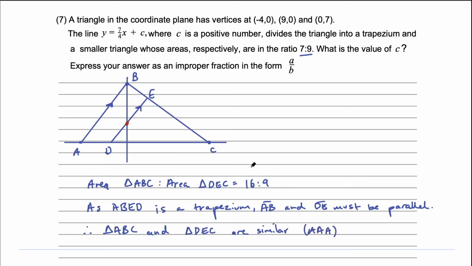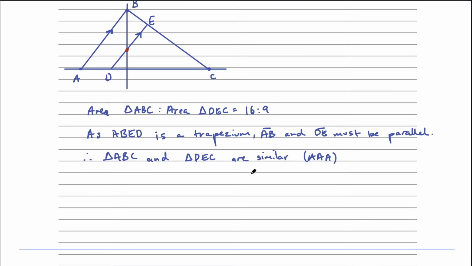And then you need to know about some properties of similar shapes, particularly the ratio of the sides and the ratio of the areas. So for example, if we're talking about the base of these triangles, base 1 being the base of the smaller triangle, this is equal to the square root of the area of the first shape divided by the area of the second shape.